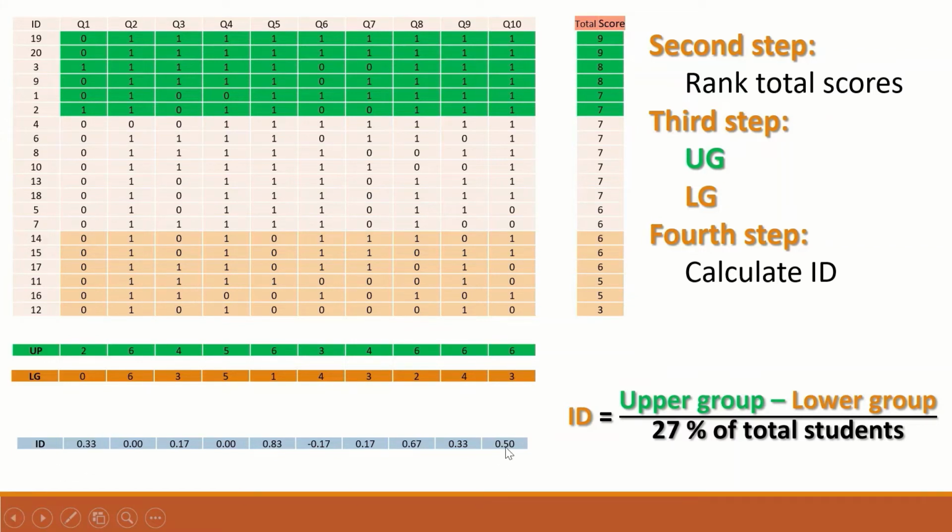A value for item discrimination is generated ranging from -1 to 1, passing through 0. Again, we can see here that one question has a 0 value for ID, one question has a negative value, also question number 6, and question number 5 has a high positive ID value.